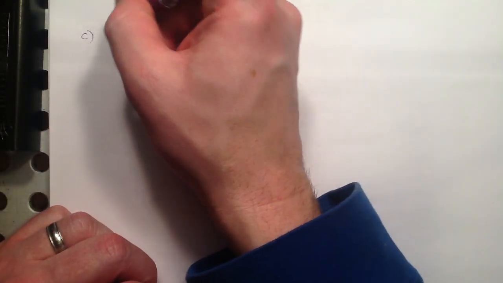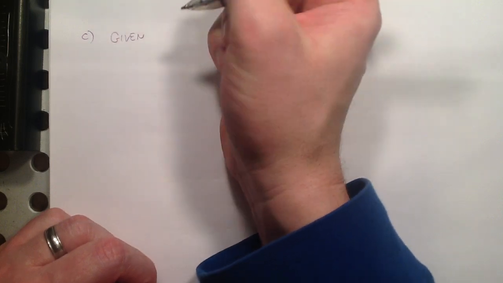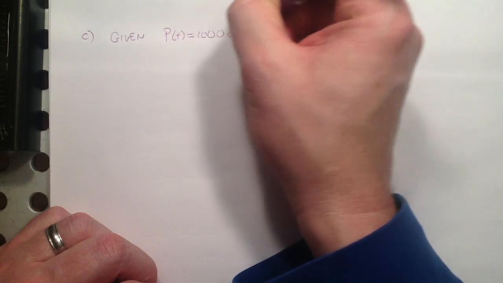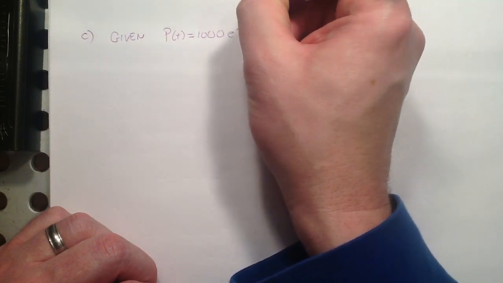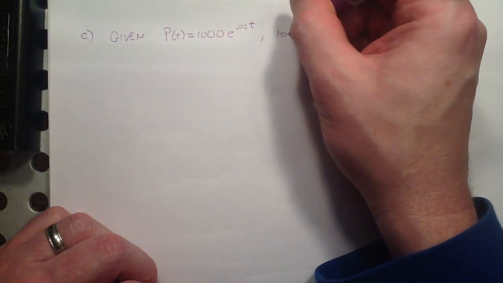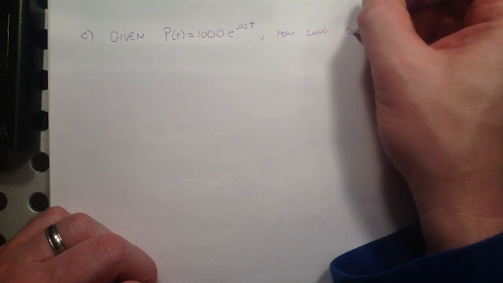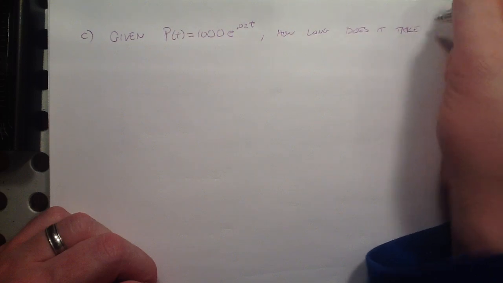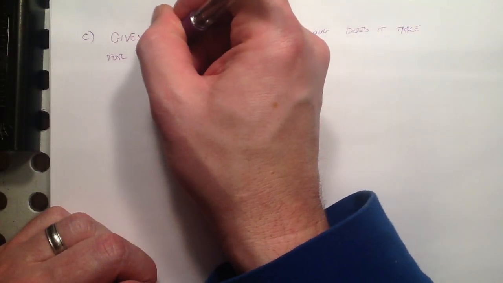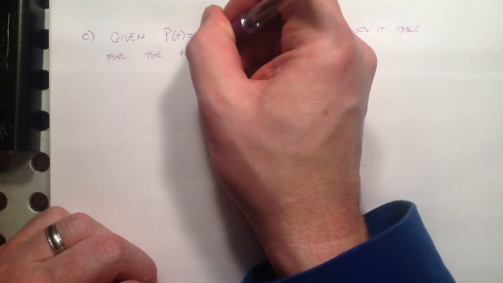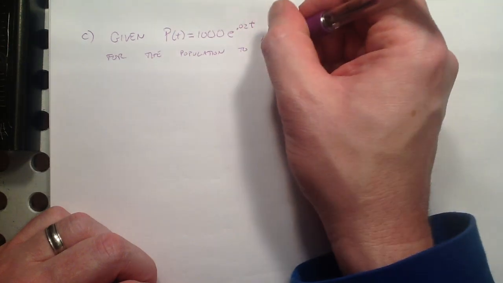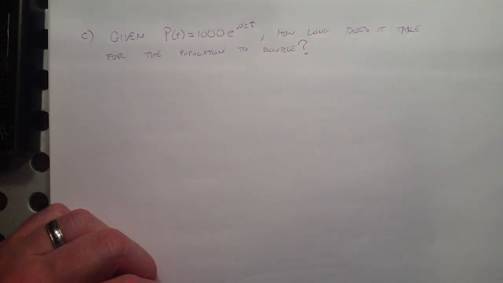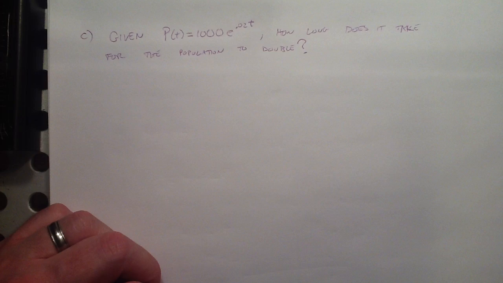So given the model from part B, which is population is equal to 1,000 e to the 0.02t, how long does it take for the population to double? Fair question, right? You've done things like this. You did this in pre-calc.